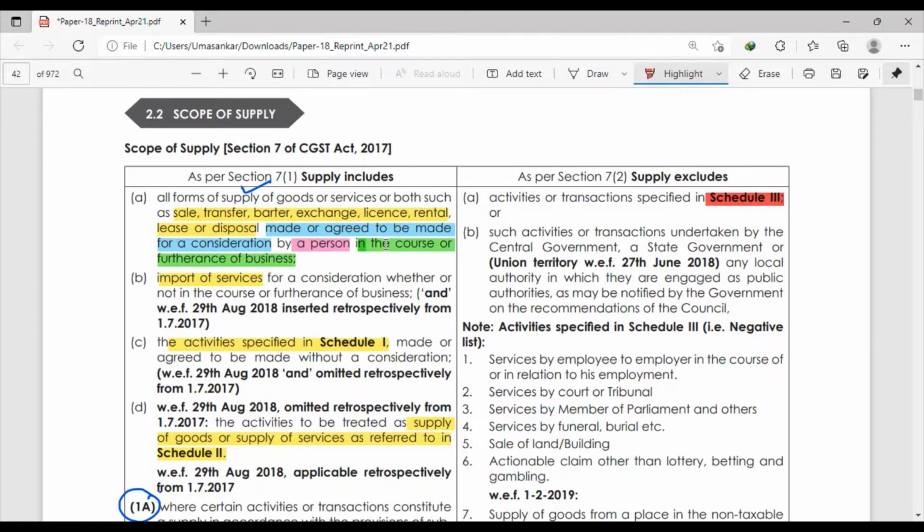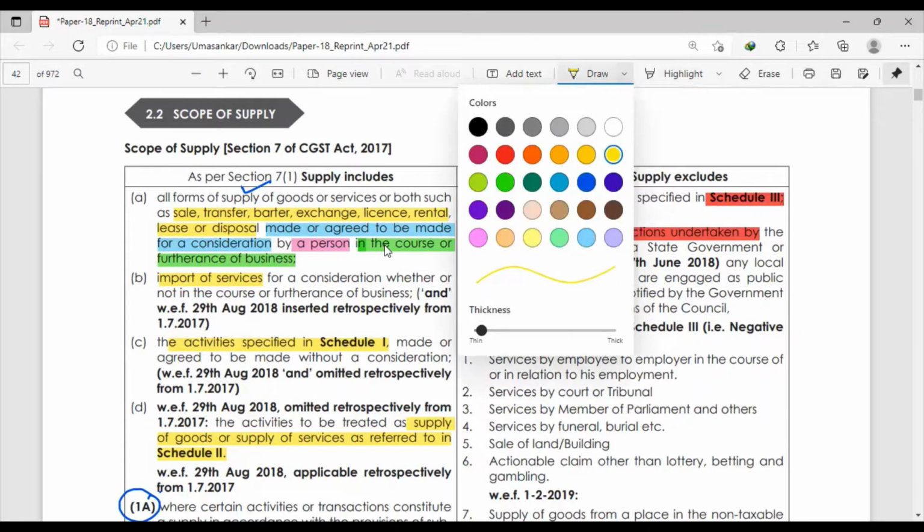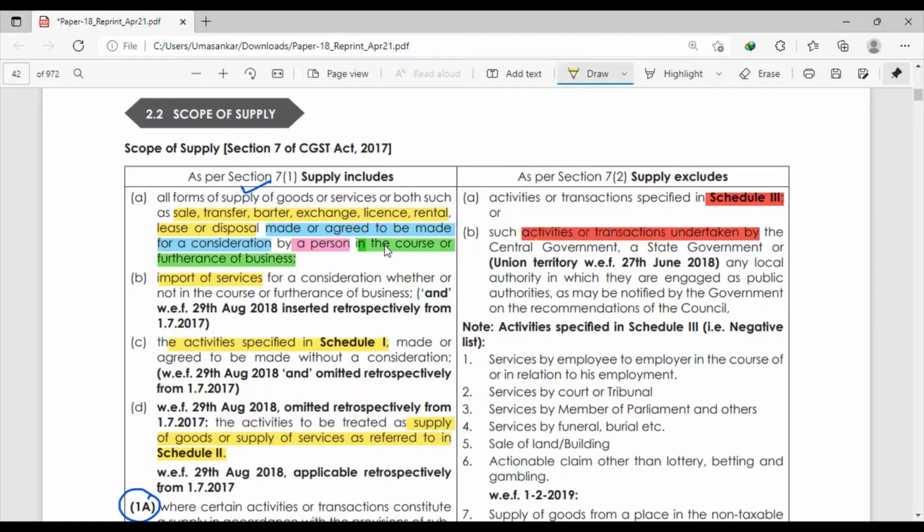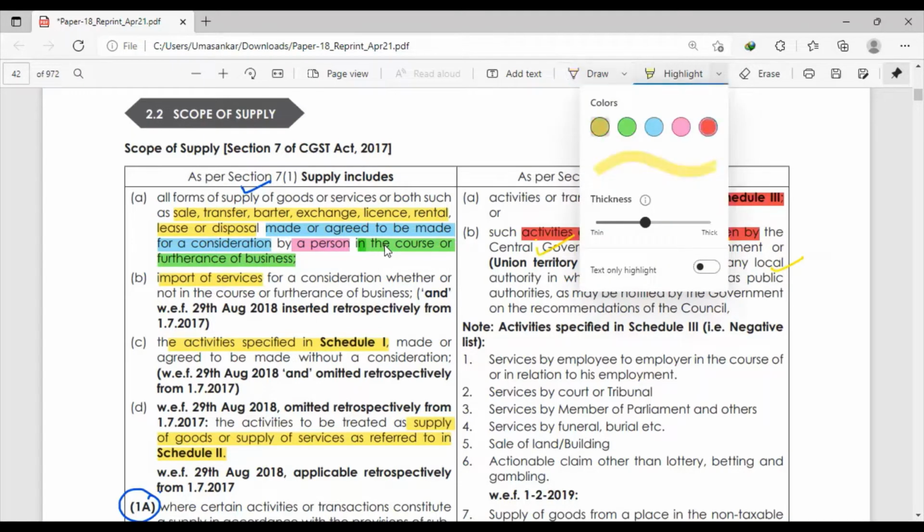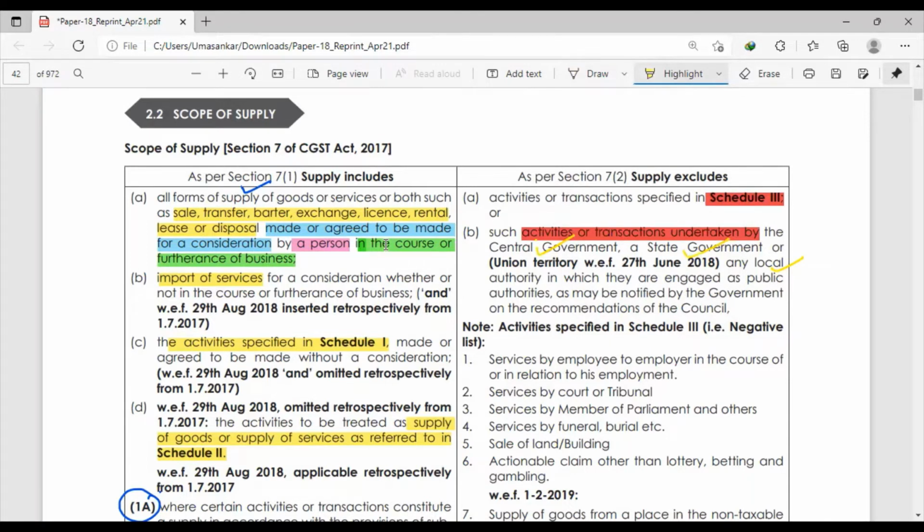So the activities or transactions undertaken by the central government, state government, or local authority, as if they are engaged as public authorities, will not be considered as supply. As we have studied, these 2 points are more relevant for exclusion.